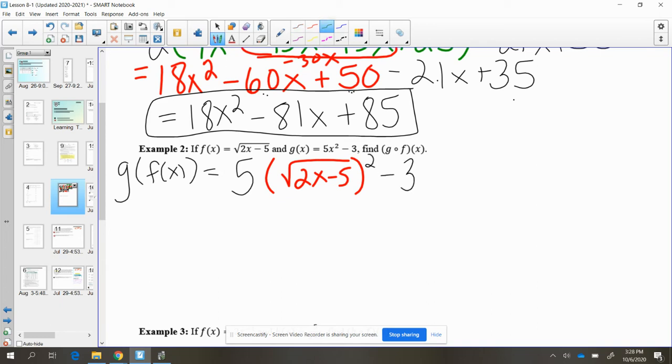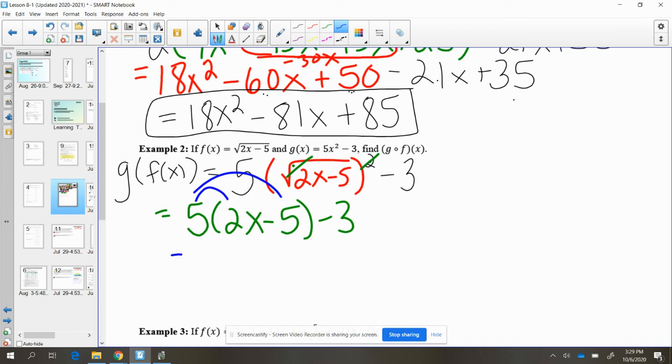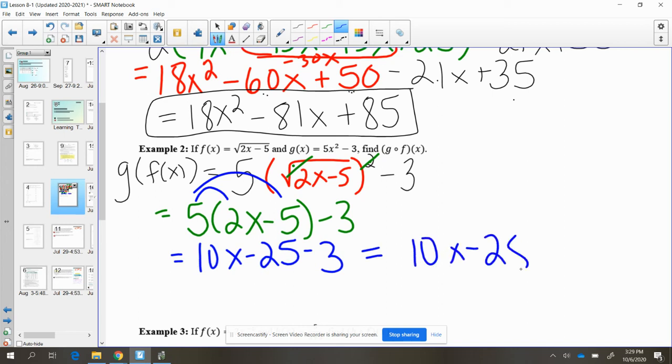Now, this one's a little bit easier when it comes to simplifying because anytime you have a square root squared, they cancel out. So we're just left with 5 times 2x minus 5 minus 3. And if we distribute that 5, we end up with 10x minus 25 minus 3, which is just 10x minus 28.